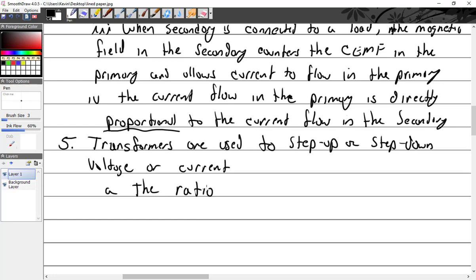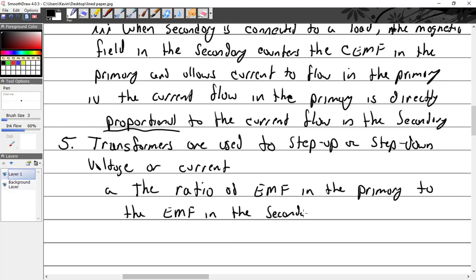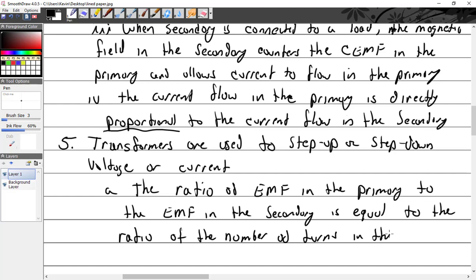The ratio of EMF in the primary to the EMF in the secondary is equal to the ratio of the number of turns in the primary to the number of turns of the secondary.